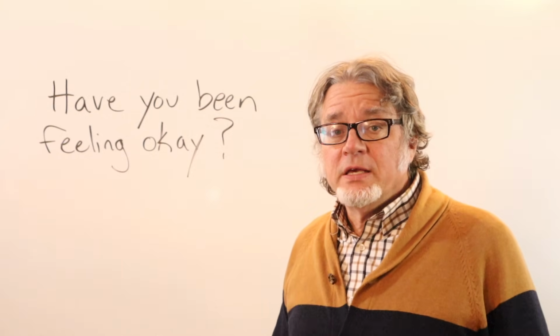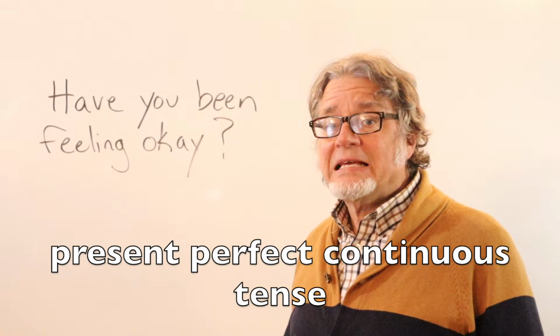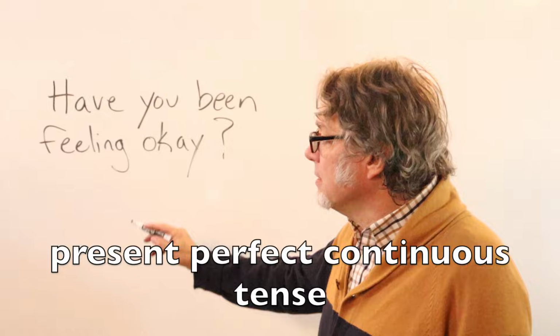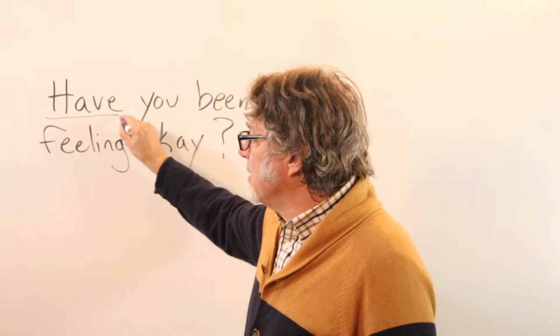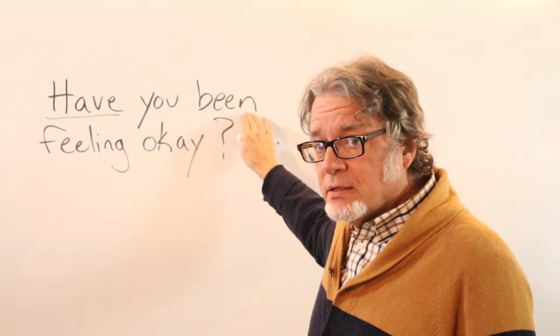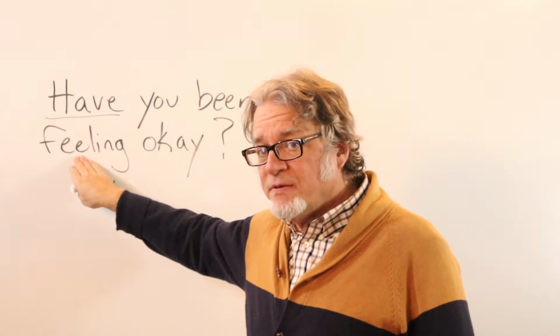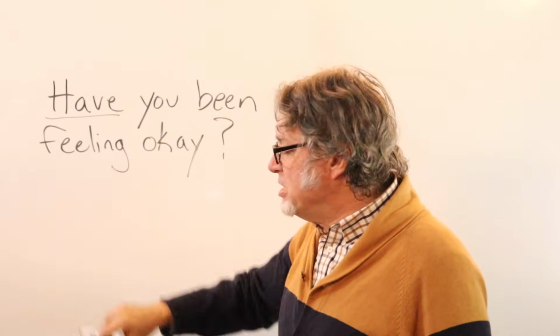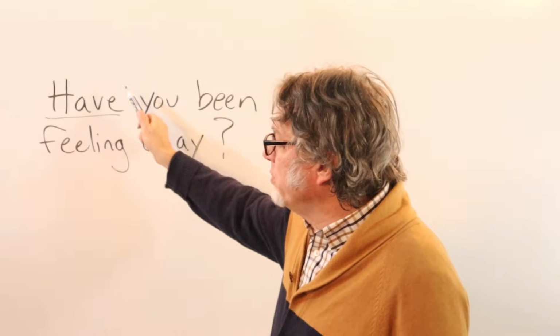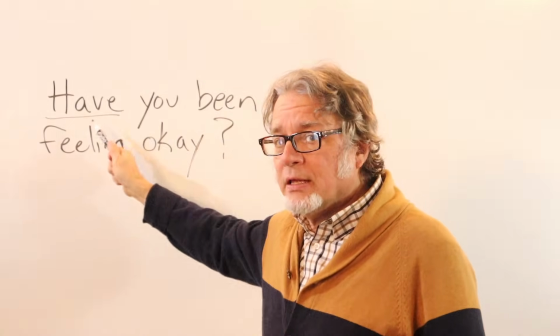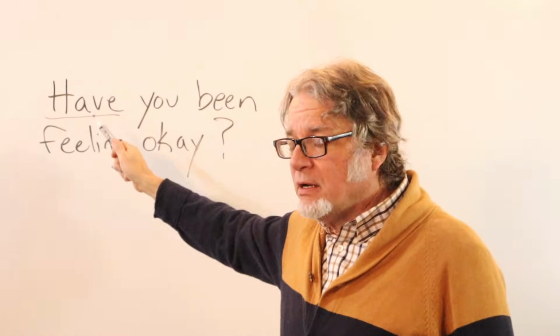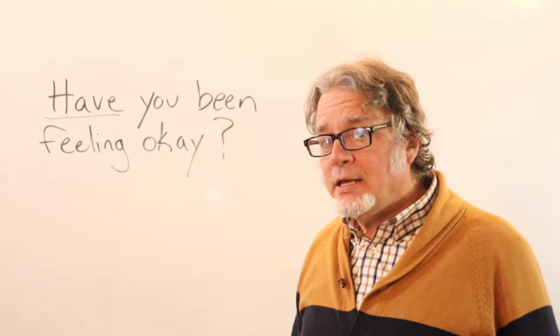This question is in the present perfect continuous tense. Here's the helping verb, and then here's been. This is also kind of a helping verb, and the main verb is feel with this ing ending. But you really only have to pay attention to this helping verb here. Have you been feeling okay?